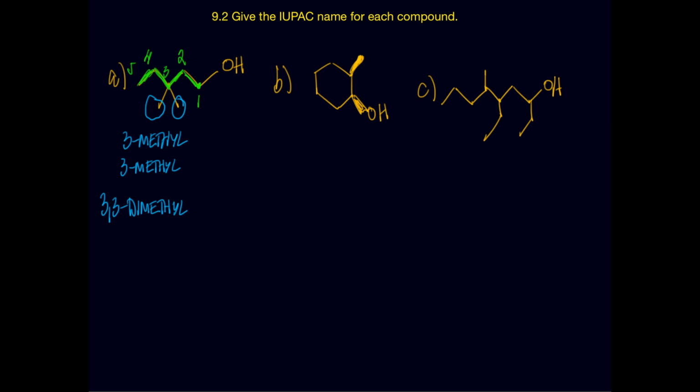And as we mentioned before, pentane is the longest chain, so we would write pentan. Okay, and the alcohol is attached to carbon 1, so it would be pentan-1-ol. All right, so that's the IUPAC name for this problem 9.2 part A.